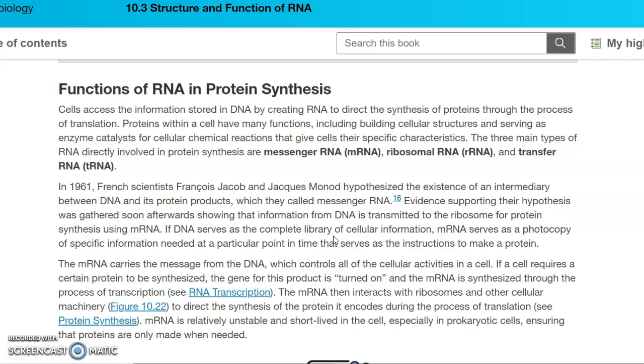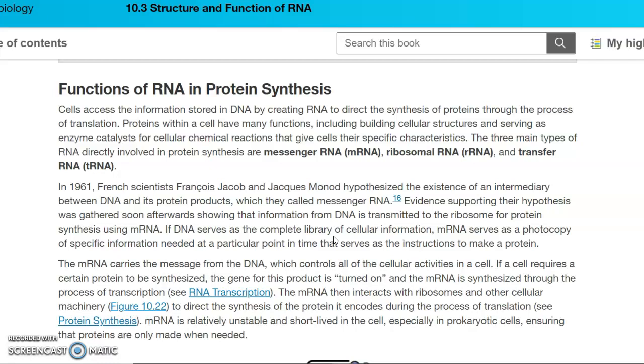So it goes back to Beadle and Tatum's idea of one gene, one protein, in that the DNA found within our genes, found in our chromosomes, pieces of that DNA are called genes, and each one of those codes for a particular protein. And RNA is what allows us to take that gene, take that DNA, and make the proteins.